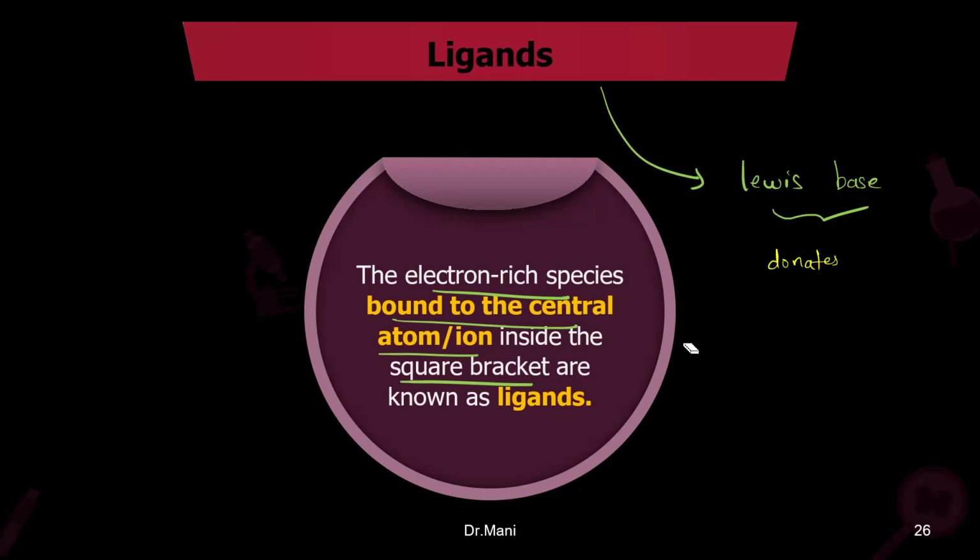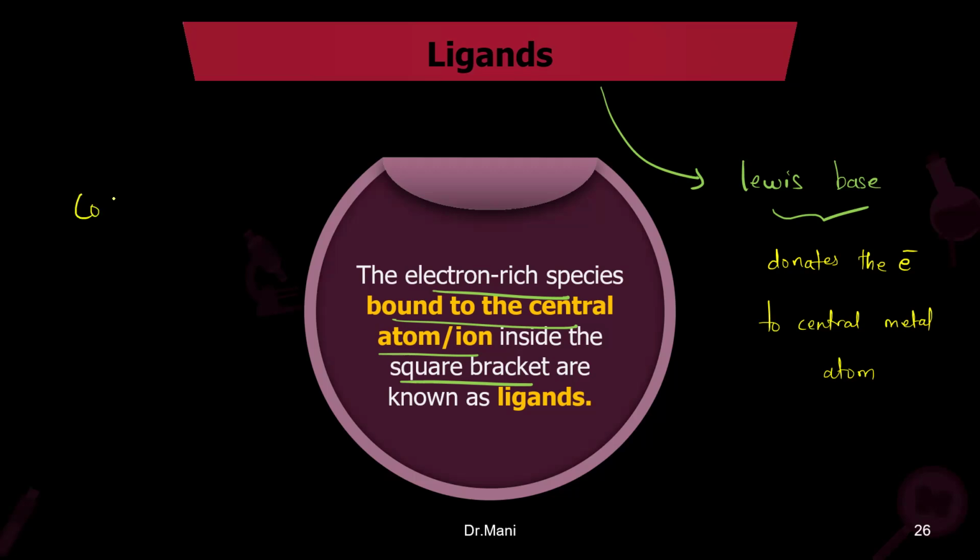He will donate to the central atom. That's how the bond formation will happen between the Lewis acid and base. Okay. So it donates electrons to the central atom, so he is said to be the Lewis base.